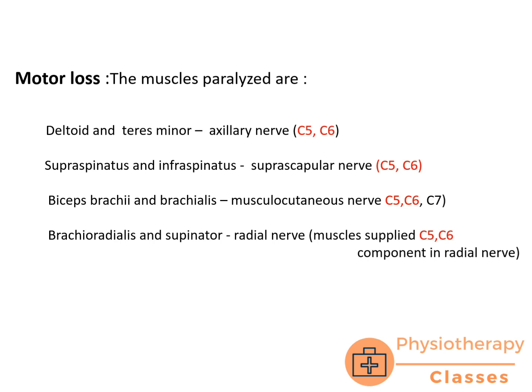First is deltoid and teres minor, supplied by axillary nerve. Supraspinatus and infraspinatus supplied by suprascapular nerve. Biceps brachii and brachialis supplied by musculocutaneous nerve. Brachioradialis and supinator supplied by radial nerve.